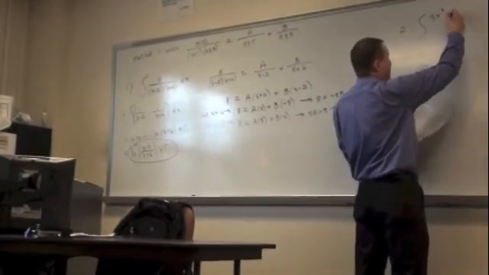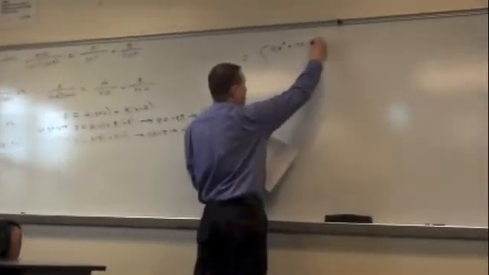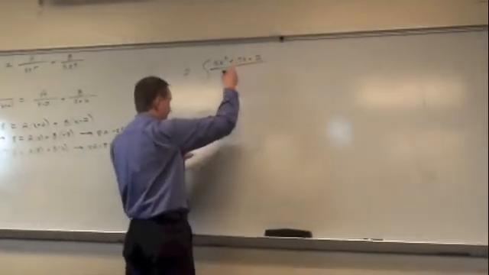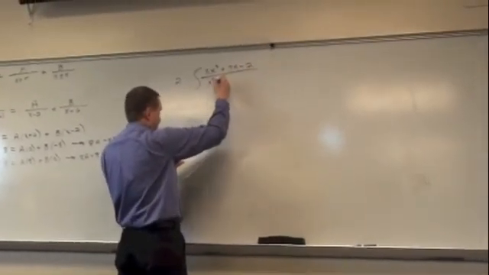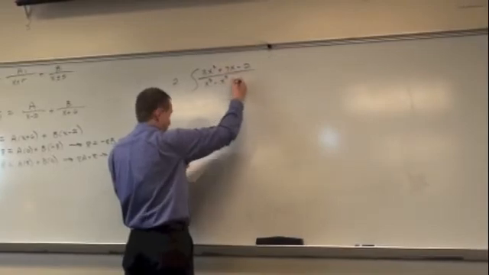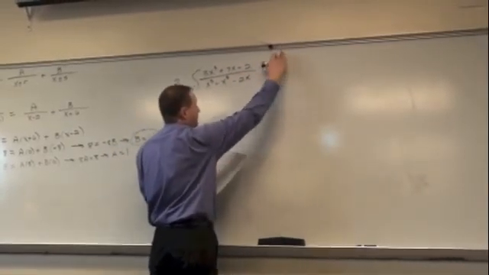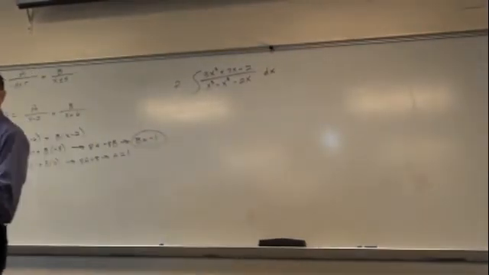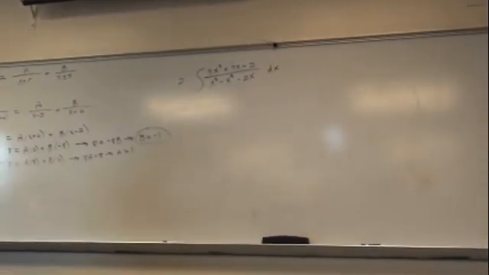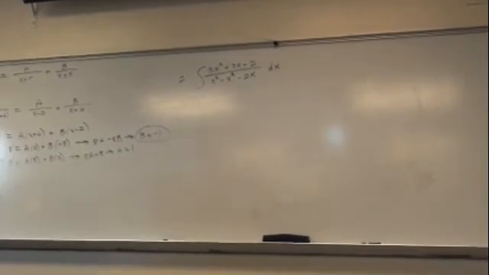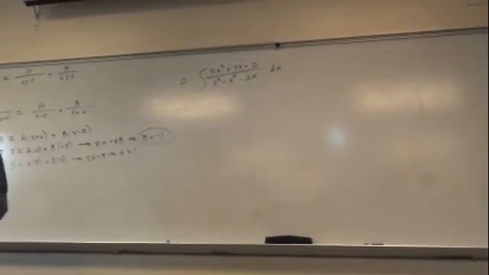3x squared plus 7x minus 2 divided by x cubed minus x squared minus 2x dx. So, where's the step up in fun in this problem?